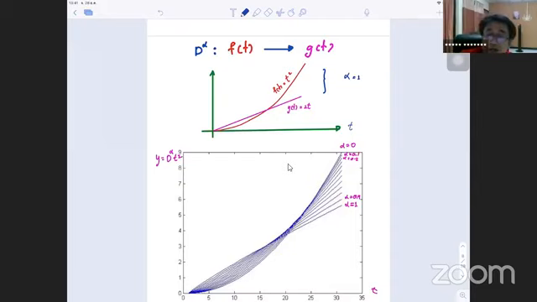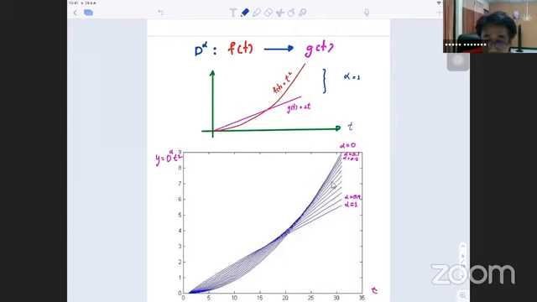Then the fractional derivative operator is mapping from this function to the function between here and between here.